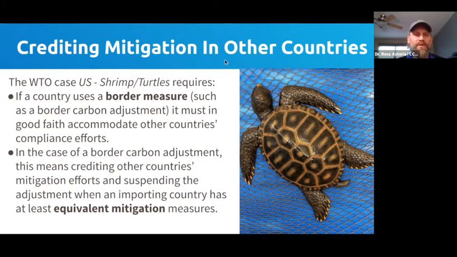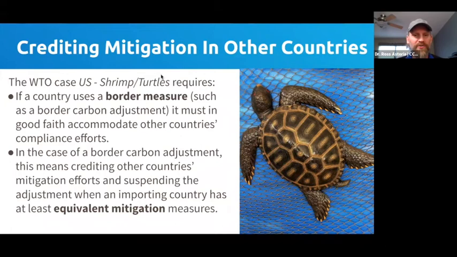It was actually the Department of Commerce that decided that one thing we have to do to protect the endangered species is to say that you cannot import shrimp to the United States unless that shrimp was caught in a net that included a turtle exclusion device, a TED. And countries sued. They brought an arbitration case to the WTO.